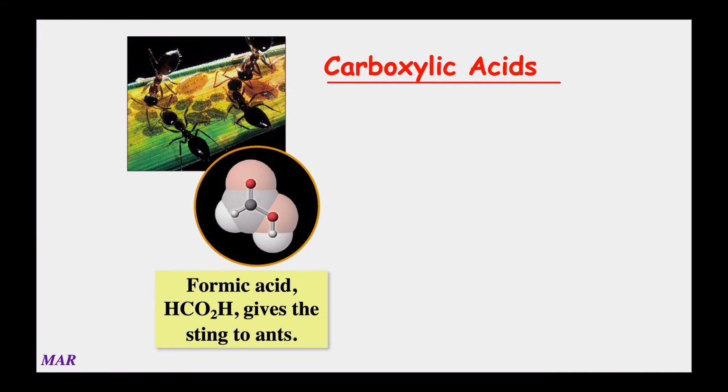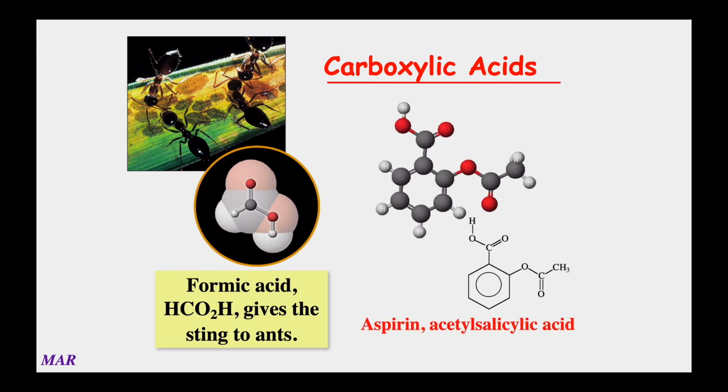Formic acid is, again, the simplest of them. If you've ever been stung by an ant, that's what they use to make the sting part. So it's pretty powerful stuff. Aspirin is another type of weak acid. The part right up there has a little bit of an OH on it. Acetylsalicylic acid is the technical name for it, which you'll learn more about in organic chemistry.